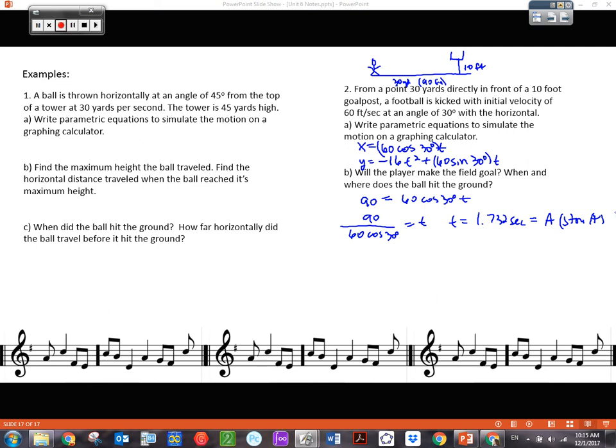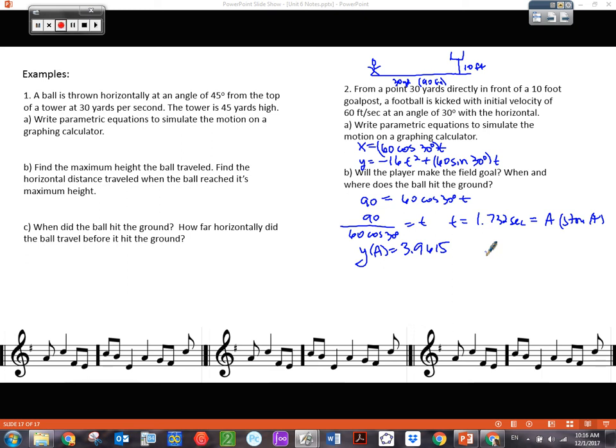Now what I need to know is what is the y value at that time, right? How high is the ball off the ground? So I need y of A, and I'm just using this y equation. I'm going to pull it down. I would put it in my calculator. So y of that time A ends up being 3.9615. That's the ball's height at 90 feet.